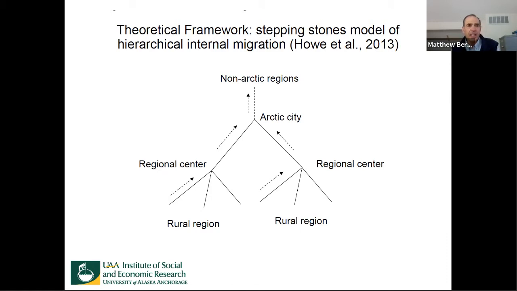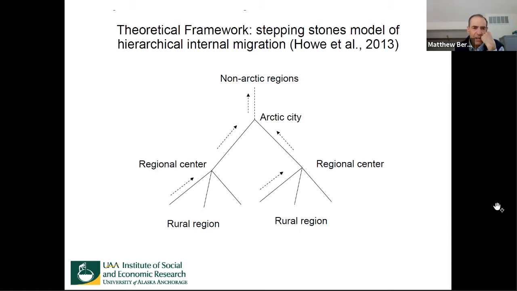Instead, there was this noticeable stepping stones pattern where people would be moving from a very small community to a regional hub, which are these communities between like 2,000 and 6,000 or 7,000 people that are still in the rural region, but they're actually small towns.